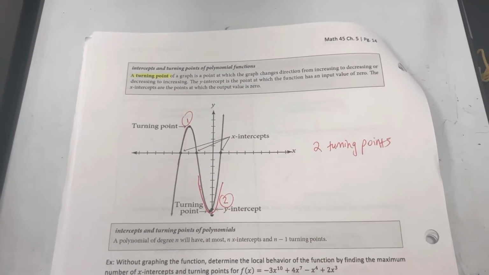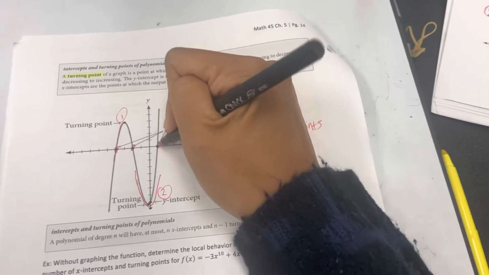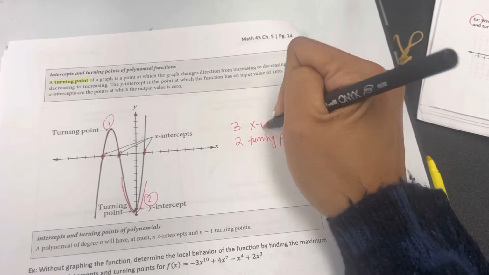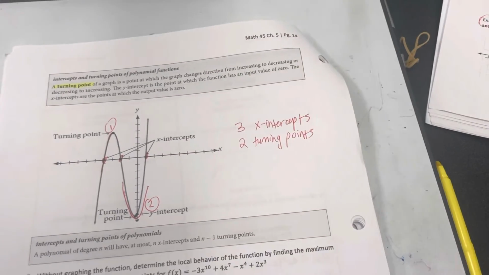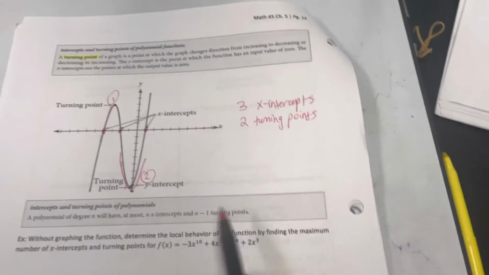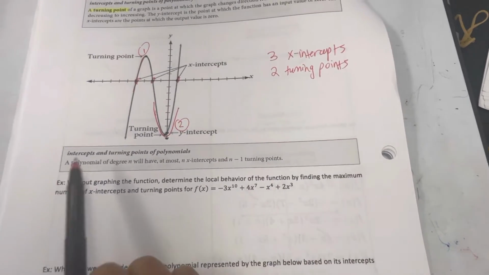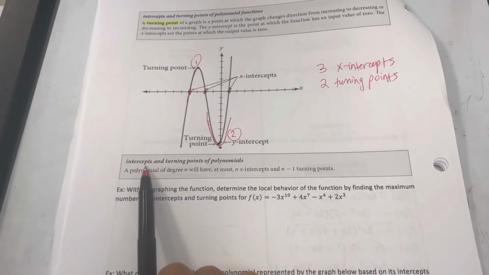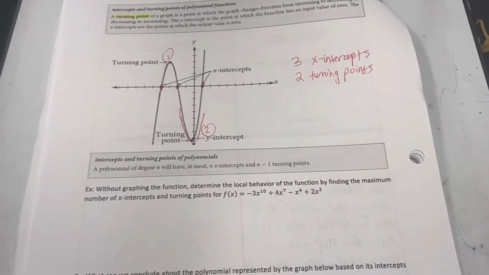And notice something. How many x-intercepts do I have? 3. So I have 3 x-intercepts. All right, so now looking at this, there's going to be a relationship between the intercepts, the turning points, and the degrees.